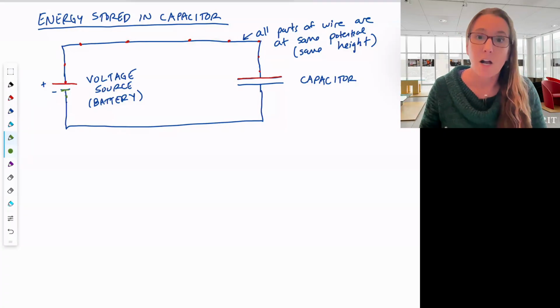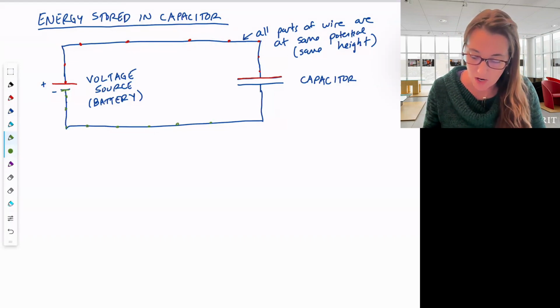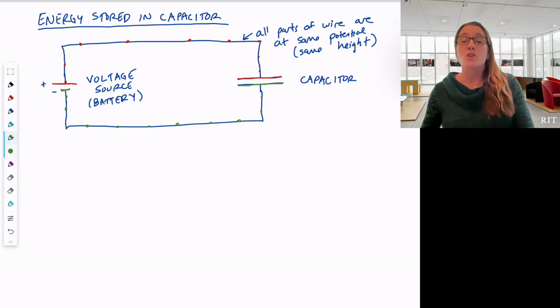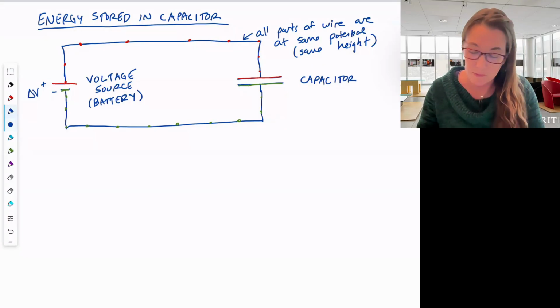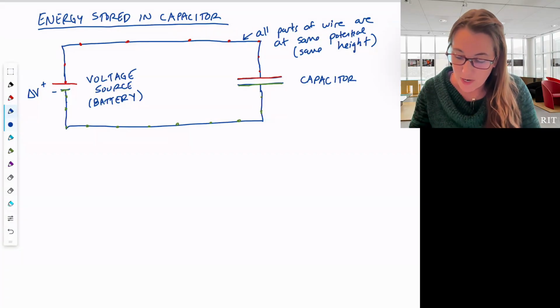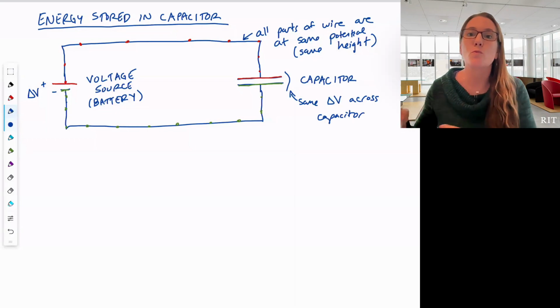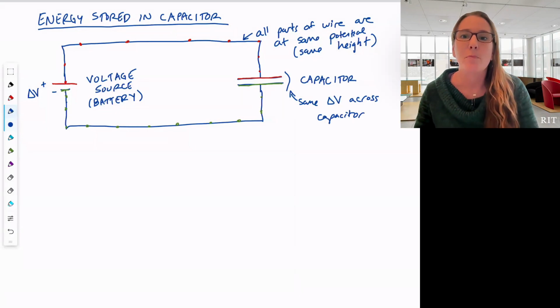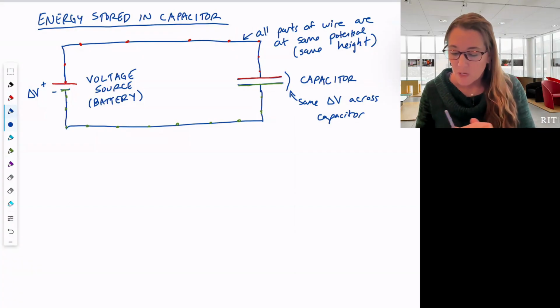And every point along there is going to equal our same voltage. And so we now have a voltage difference. If we have a voltage difference at our power supply, then over here, we now have that same delta V across the capacitor. So that's a very basic circuit, and we're going to make those more complicated as the modules go on. But that's what it looks like when we say we've applied a voltage to a capacitor.